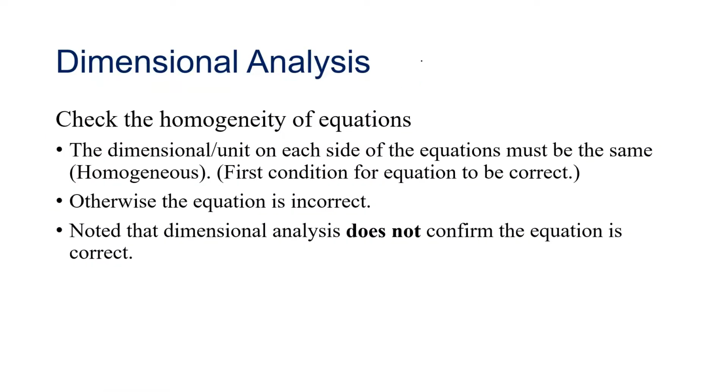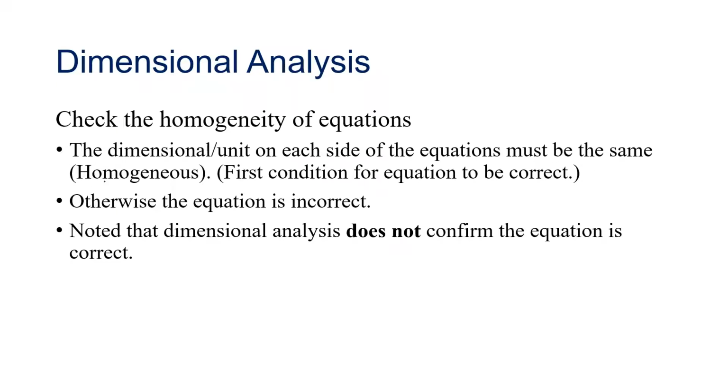Now here comes a concept. It is called dimensional analysis. This is an analysis method. We can check the homogeneity of an equation, where the dimension or the unit on each side of the equation should be the same.